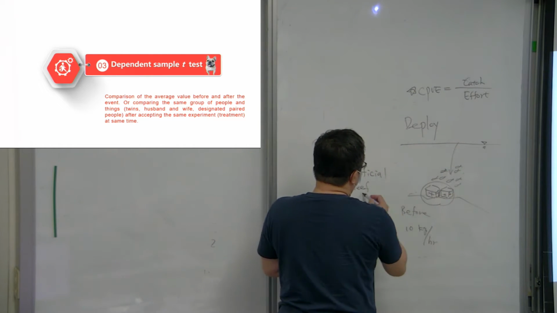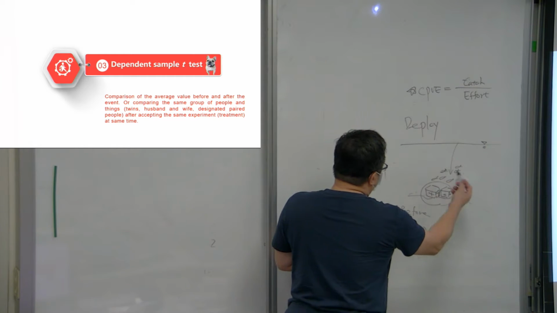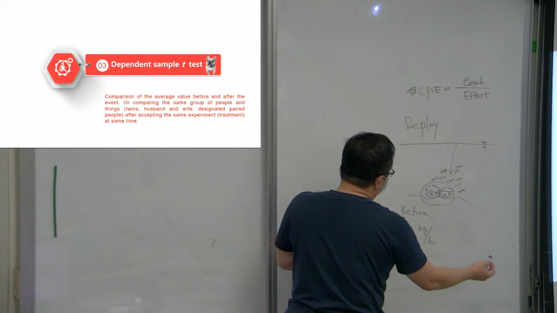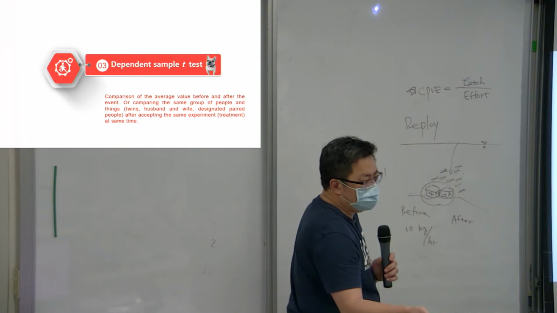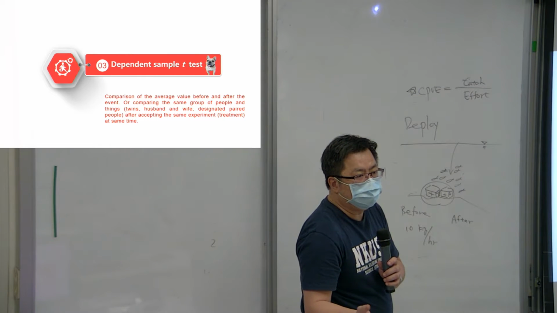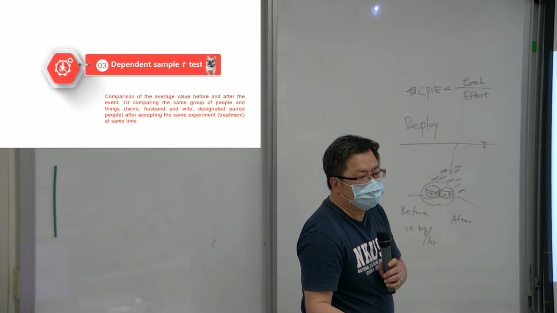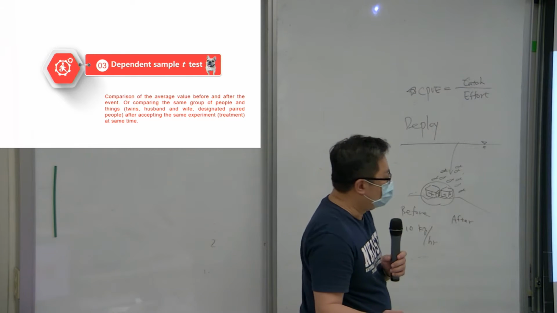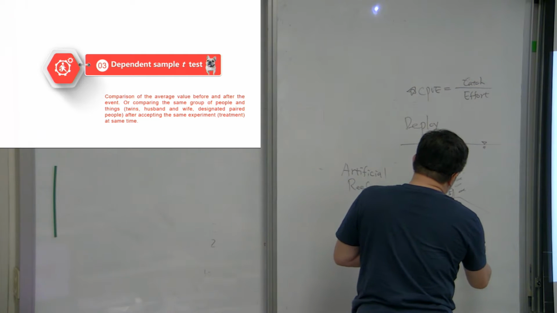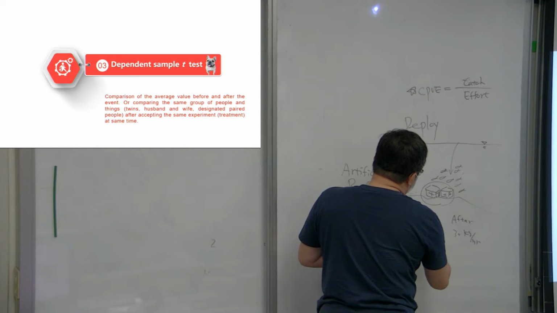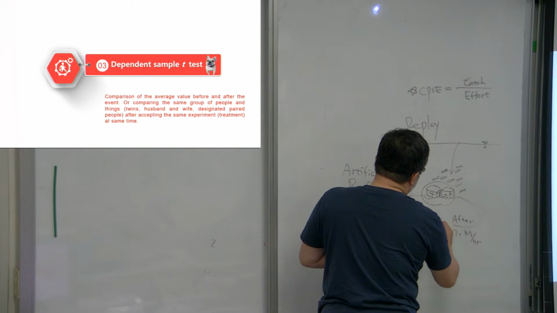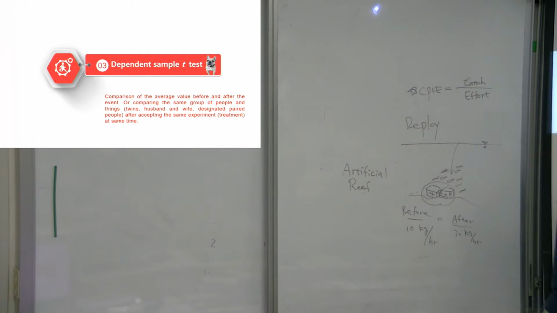But when we deploy the artificial reef, it attracts a lot of fish, so it enhances the fish resources. So after, when you come to fish again, you get a lot of fish because the fish resources are abundant. Maybe you get 30 kilograms per hour. So if you want to compare something before and after, you have to do a dependent sample t-test, 2 groups.